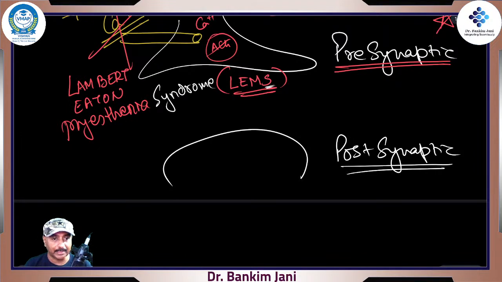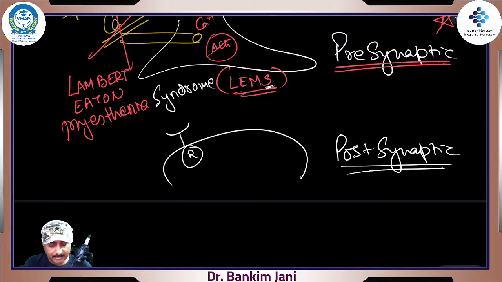When it is postsynaptic, what would happen? There would be the receptors which are ready to receive this acetylcholine, and these receptors are nicotinic. There are two types, nicotinic and muscarinic receptors. We'll see that when we talk about sympathetic, parasympathetic, and synaptic transmission in detail.